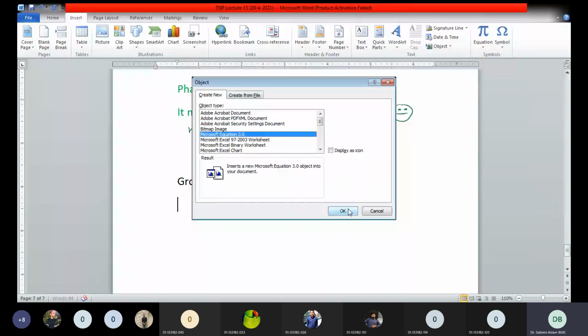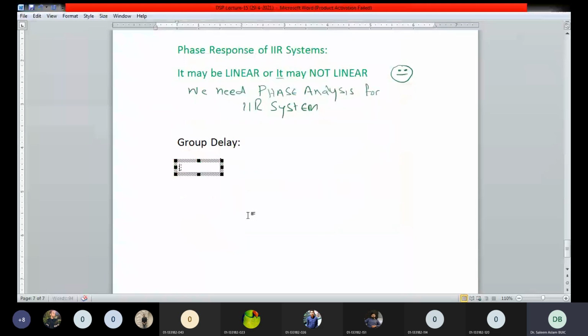I'll explain it later, but just for your thought, GD of omega, I'm explicitly writing omega because it is a function of omega. This is, let me write here, negative d by d omega of theta of omega. But there is a negative sign here as well.